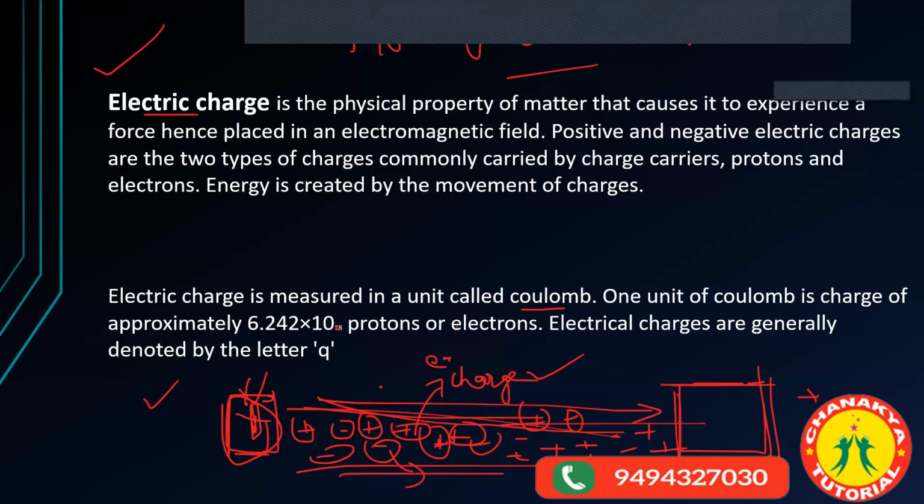So what is an electromagnetic field? It is a field that has electricity on one side and magnetic force on the other.